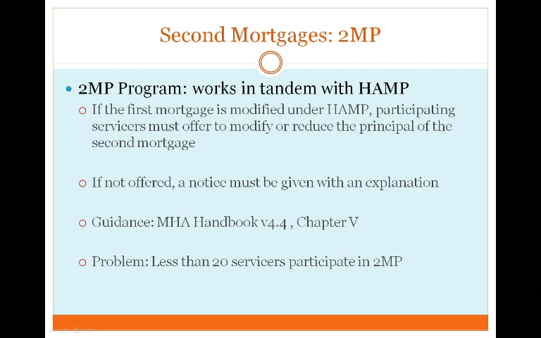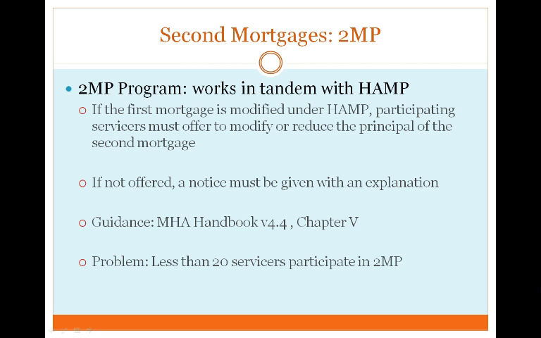But essentially, you shouldn't have to; this should happen naturally as the loan is being modified. But if you think that your client has a second mortgage that should be eligible for this program and they're not receiving the letter and you haven't received anything about it, it is worth pointing out to the servicer that they need to look at doing this and talk to the second mortgage servicer as well.